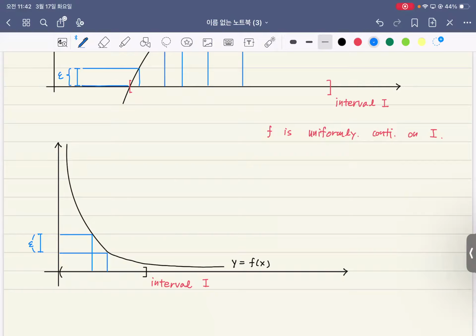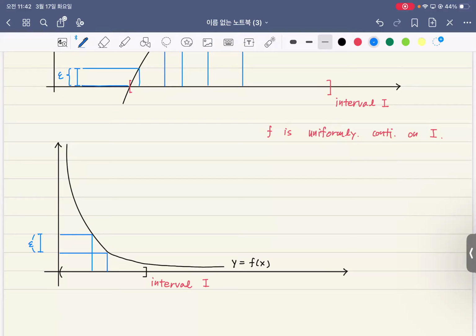Based on this picture, it looks like the length of this line segment would be the delta corresponding to this epsilon, but actually it isn't. Why?